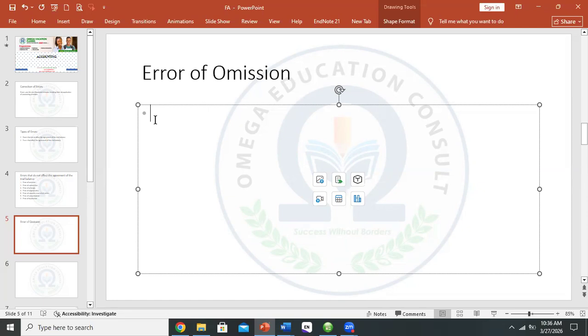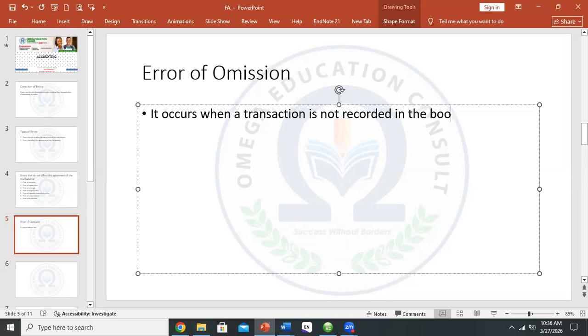So let's write it. It occurs when a transaction is not recorded in the books of accounts or overlooked.